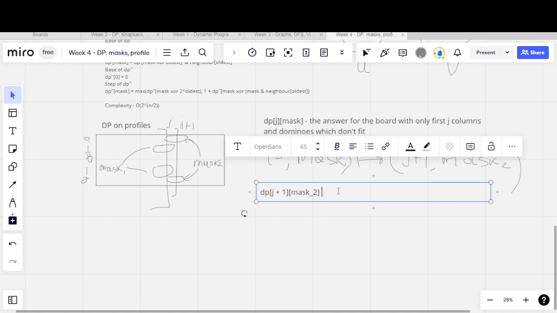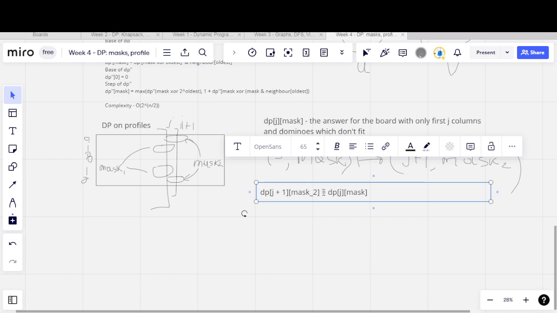Yeah, we want to do a step. We use the forward dynamic programming method. We try to push information to the next DP. So we consider DP[G][mask].